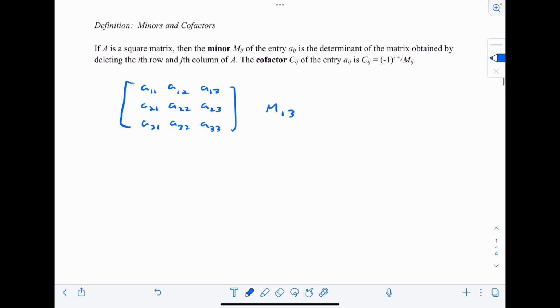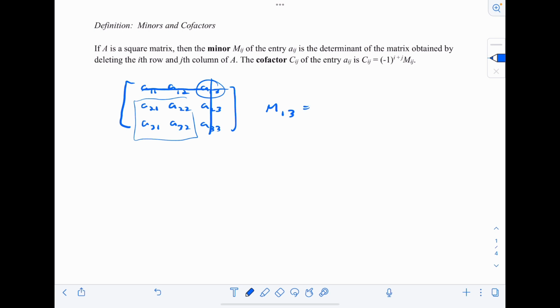So I'm looking at this entry right here, and I want to find the minor for that entry. What it says is I delete the row and the column that entry is in. So I'm literally crossing this off, I'm crossing this off. And what's left is a smaller matrix that I'm going to use to find the determinant.